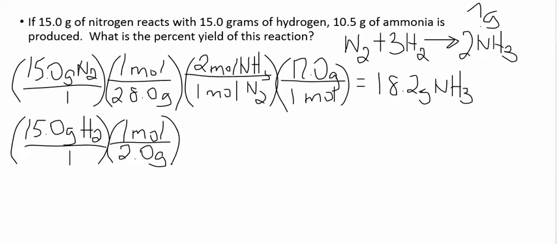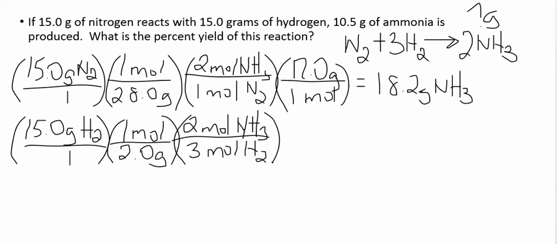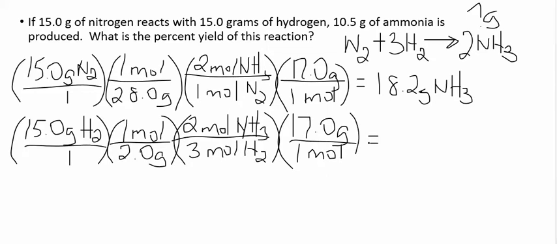Then we're going to do the mole to mole ratio, and there are 3 moles of H2 for every 2 moles of NH3. And the last step, the molar mass of NH3, 17 grams per mole. Okay, so I had 15 grams of both reactants. I need to figure out the limiting reagent. This would produce 85 grams of NH3.